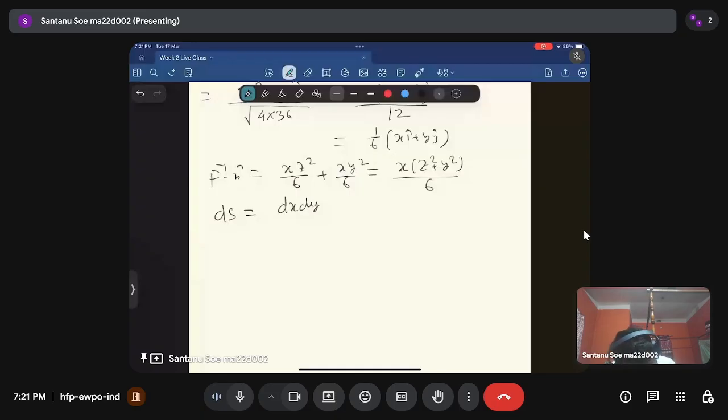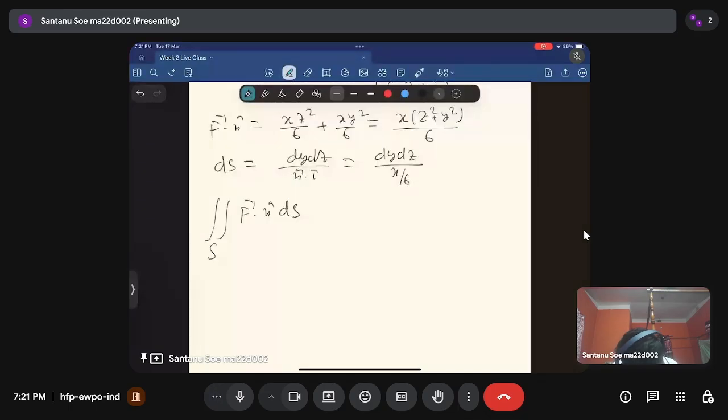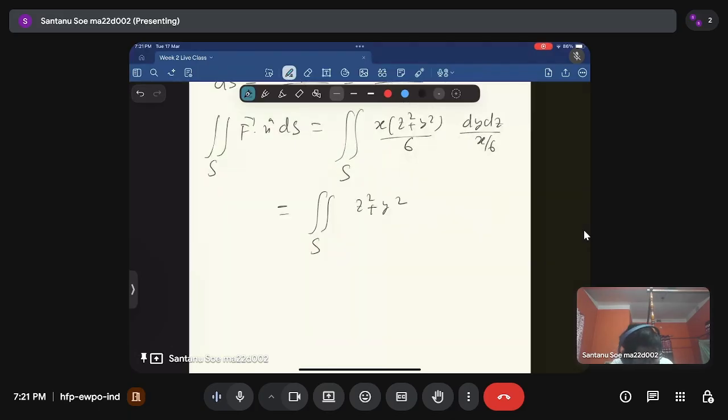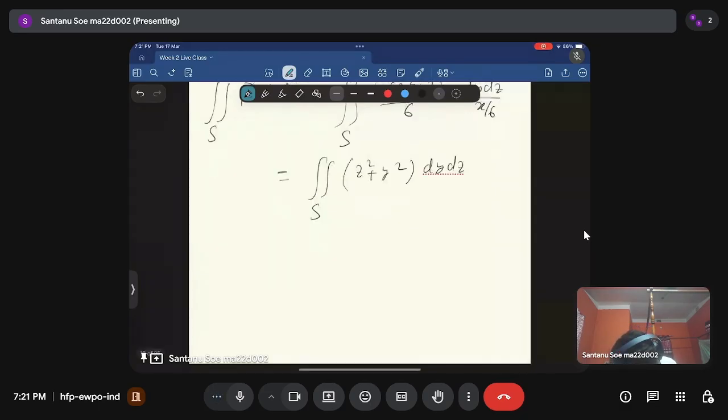So our surface integration over S of F dot n dS is x times (z square plus y square) by 6 times dy dz by x by 6. So this is just z square plus y square dy dz. So now we are taking the projection onto the yz plane. So in the yz plane, x is 0.